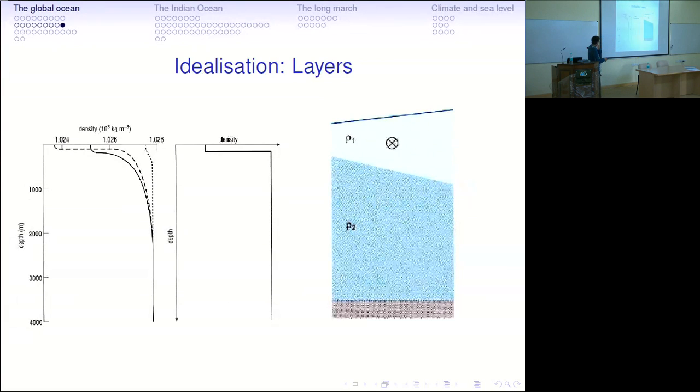But if I were to try building a model of the ocean, the simplest model I can possibly get is one in which I look at this density barely changing over the bulk of the depth of the ocean.